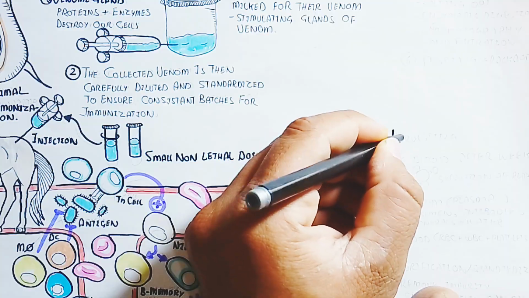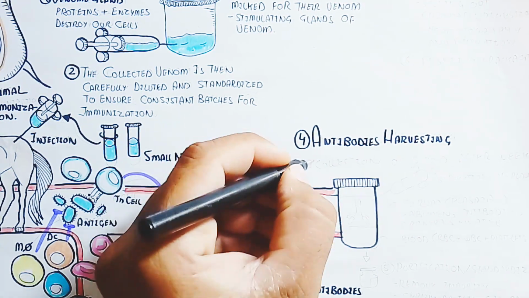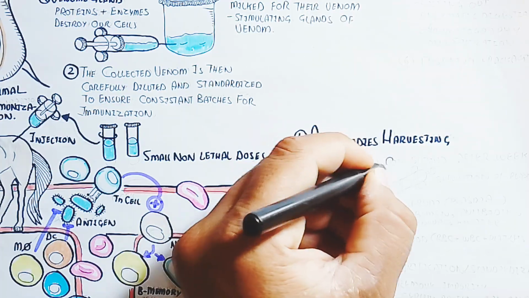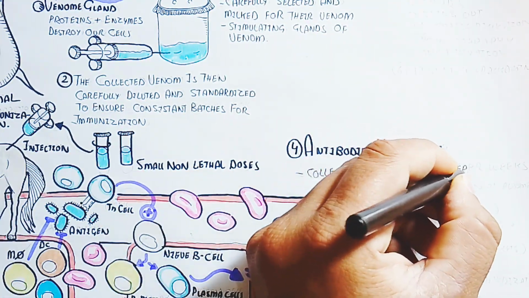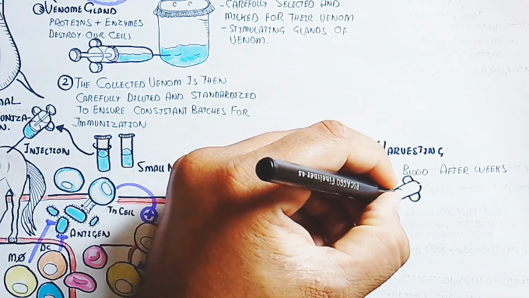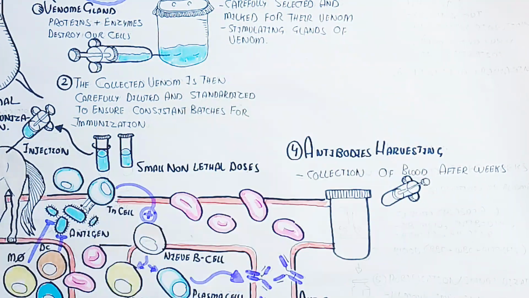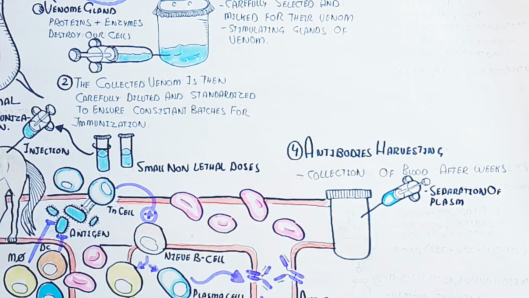The fourth step is the antibody harvesting. In this, blood is collected from the horse after a week, and the plasma is separated. Plasma is basically known as serum. Remember, the water-colored serum contains albumin protein and antibodies.